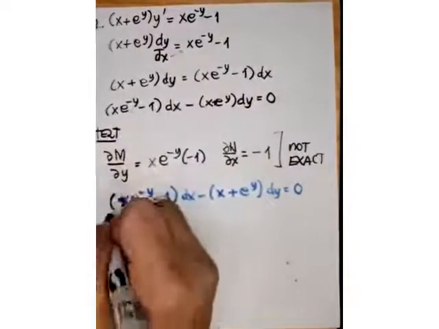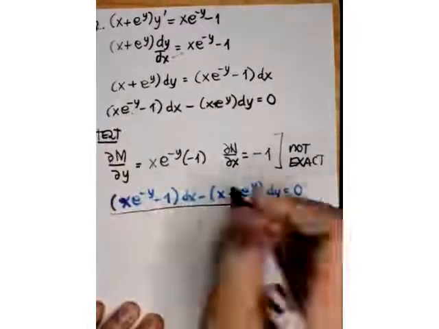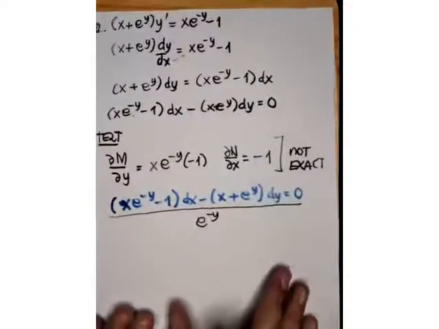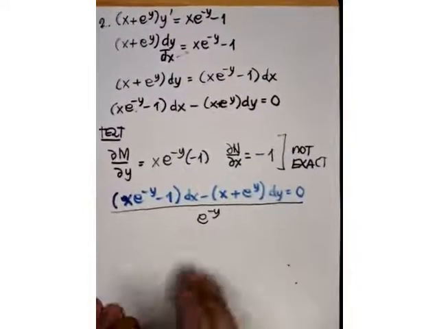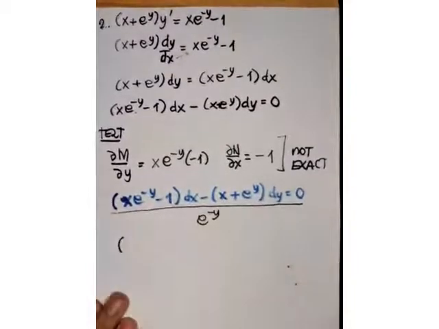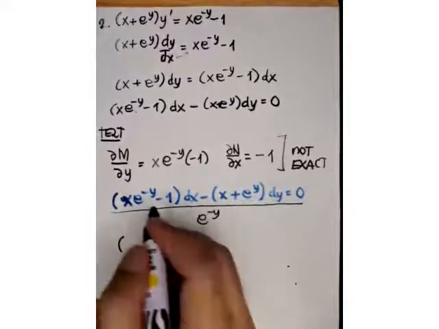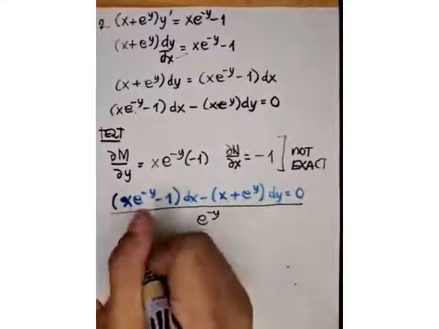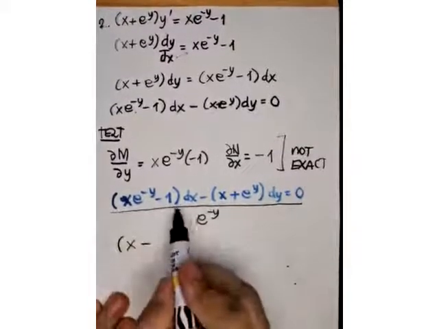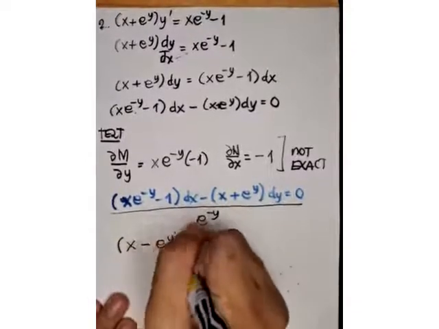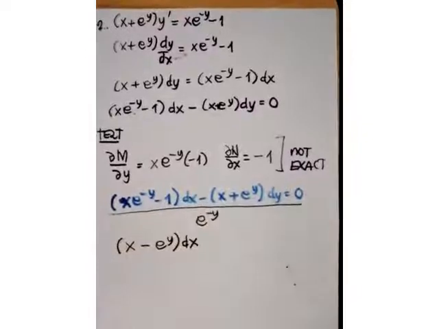What if i-divide ko yung buong equation ng e raised to negative y? Ayan, no? I-divide ko siya ng e raised to negative y. Okay, so therefore, this will be equal to ito divided by this, so that will be x minus 1 over e raised to negative y will be e raised to y dx.